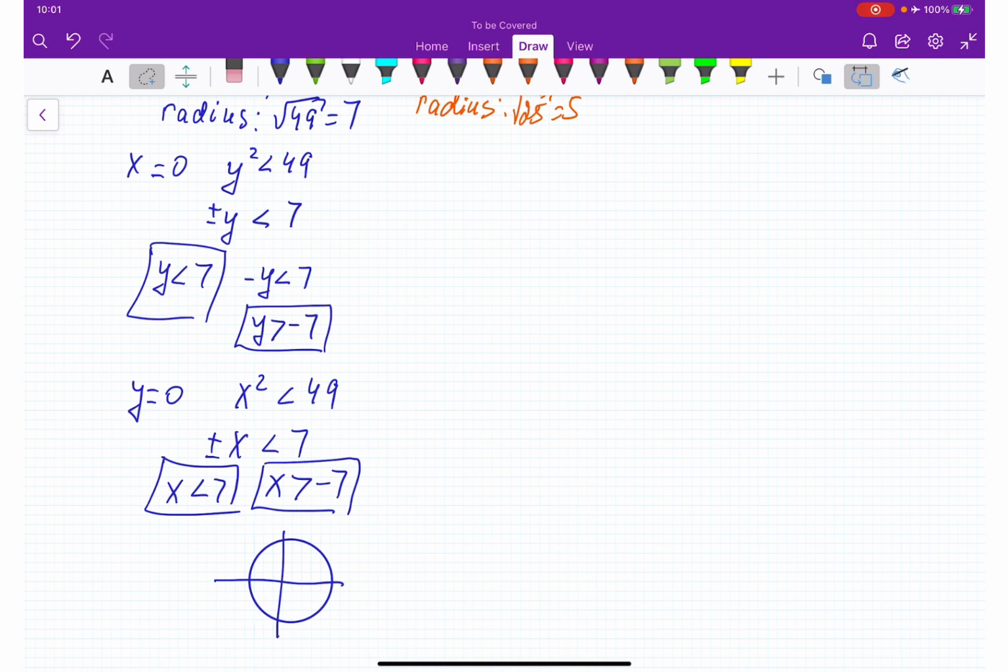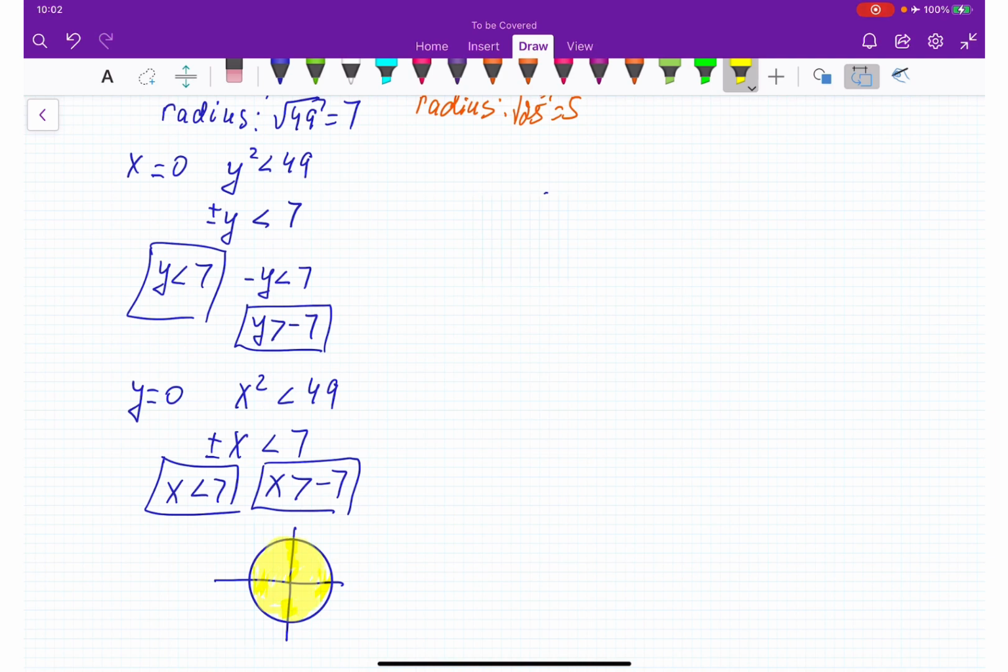I'll do it this way, it would be easier. So what do we have? y is less than 7 and greater than negative 7, x is greater than negative 7 and less than 7. So it's going to be inside, right?